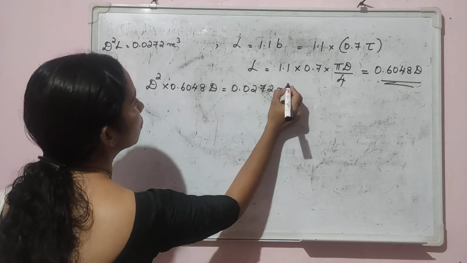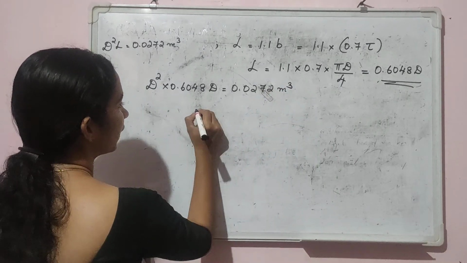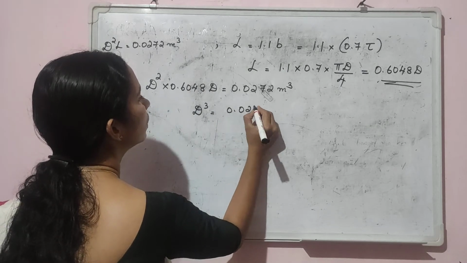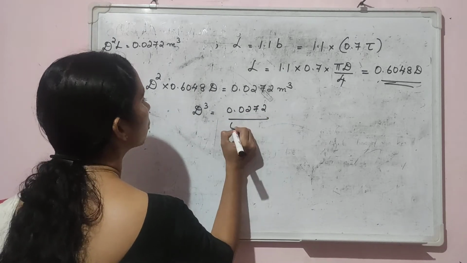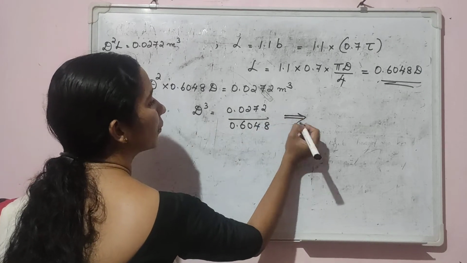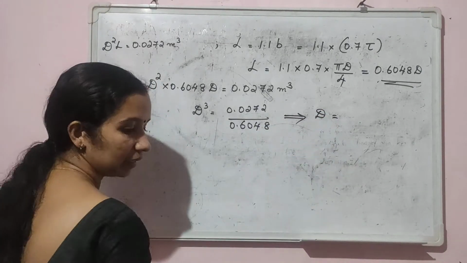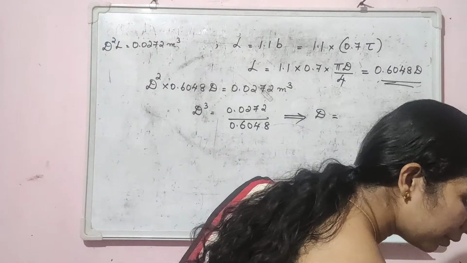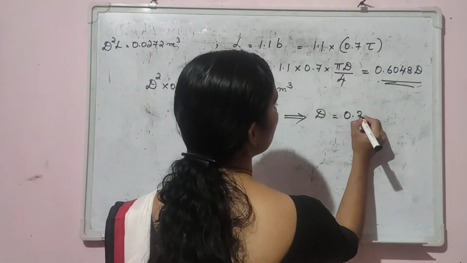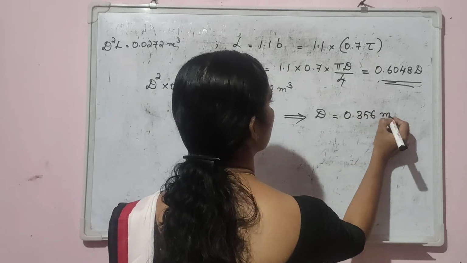This is equal to 0.0272 meter cube. So from here we get D cube equal to 0.0272 divided by 0.6048. Solve this equation and find the value of D. Then you will get the armature diameter D as 0.356 meter.